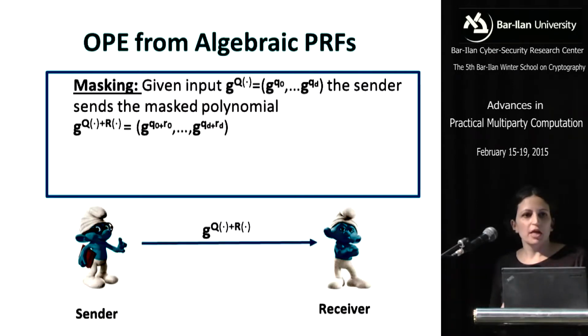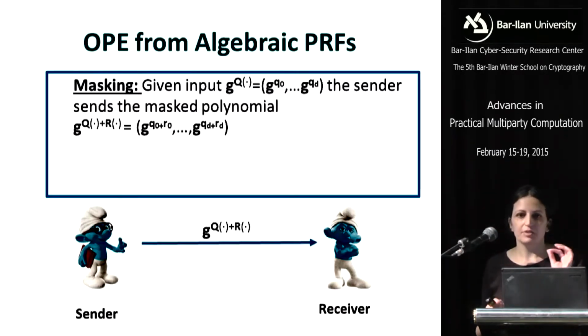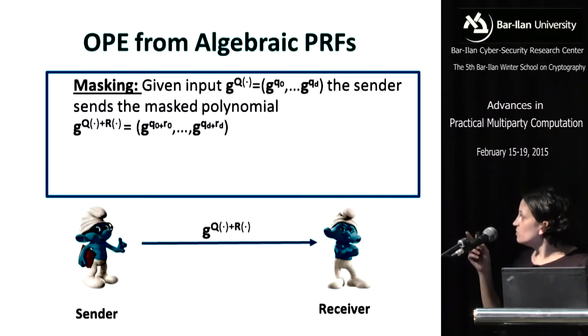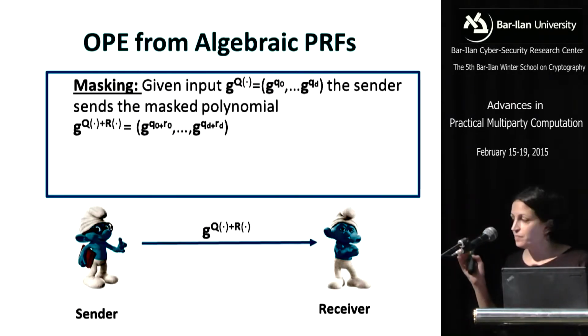I am changing a little bit the way I'm using algebraic PRFs. Remember before we had this random A, and that's what gave us the property of a one-time MAC. Now instead of using it for correctness, I want to use it for privacy. So I'm going to remove the A. I'm not going to use any A.